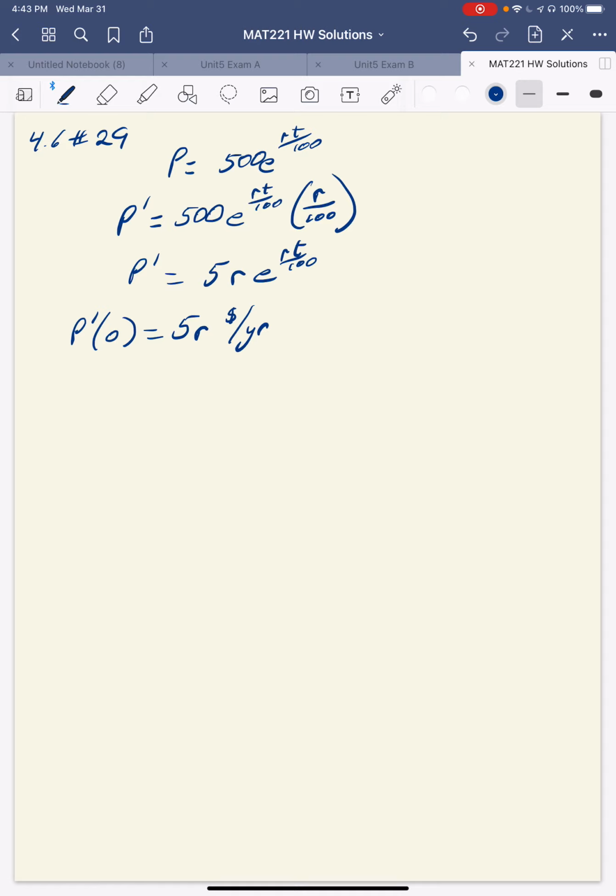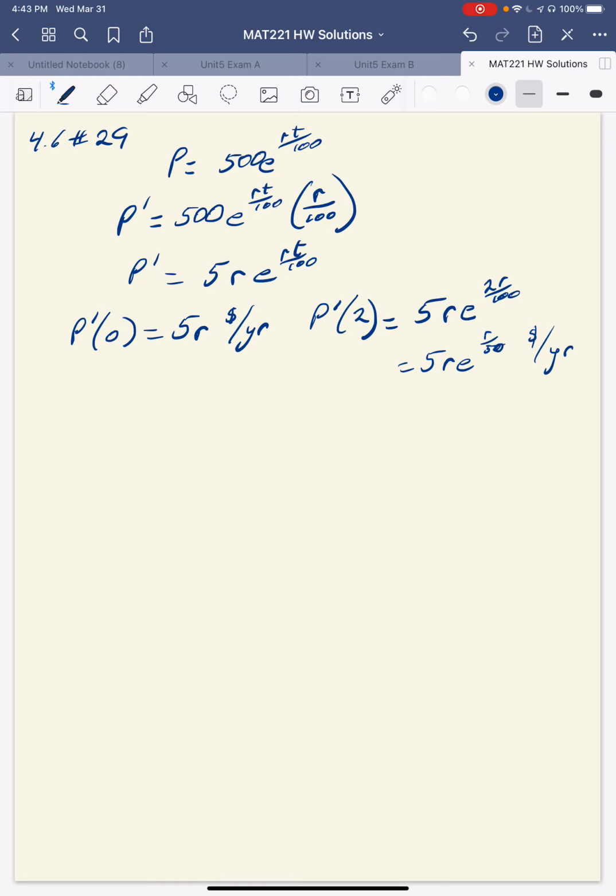And then part 2 of A asks for after 2 years. So P prime at 2 is equal to 5R e to the 2R over 100, which comes out to be 5R e to the R over 50, and that's dollars per year.